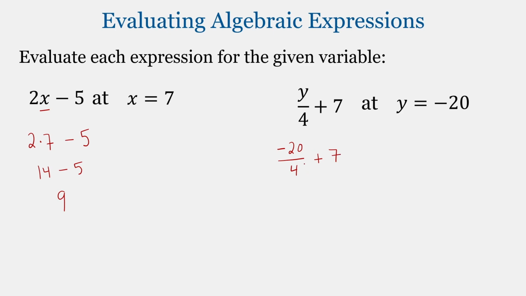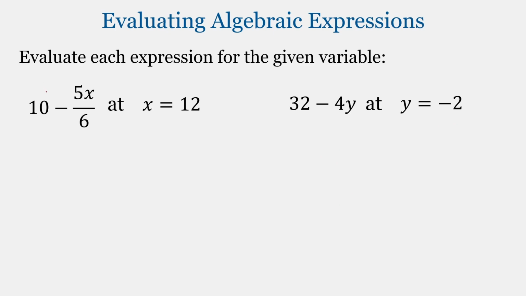Again, following PEMDAS, we'll do this division first. Negative 20 divided by 4 is negative 5 plus 7, and that is 2. So the expression 1/4 y plus 7 has a value of 2 when y is equal to negative 20.